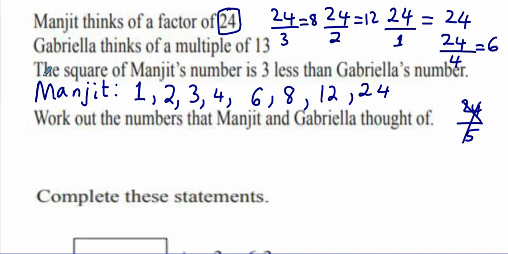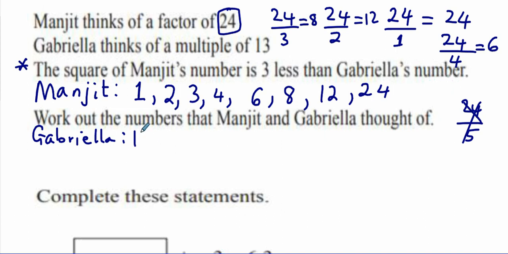Okay, now, there is this sentence here. The square of Manjit's number is 3 less than Gabriela's number. Now let us see Gabriela's number. Gabriela thinks of a multiple of 13. What are multiples of 13?